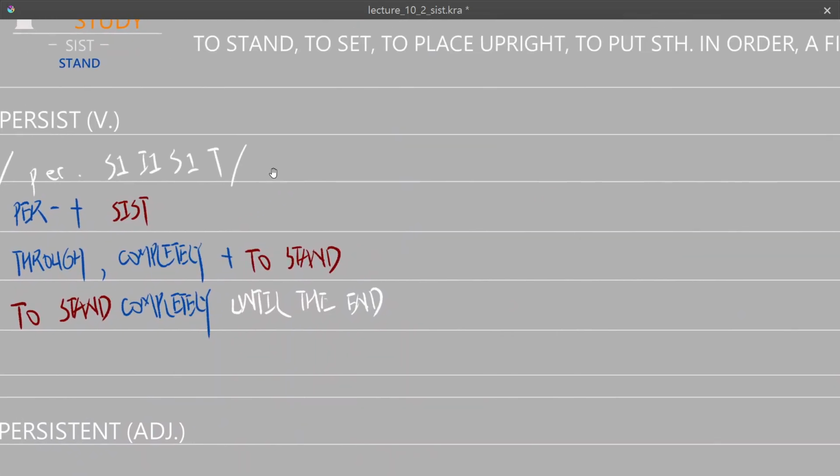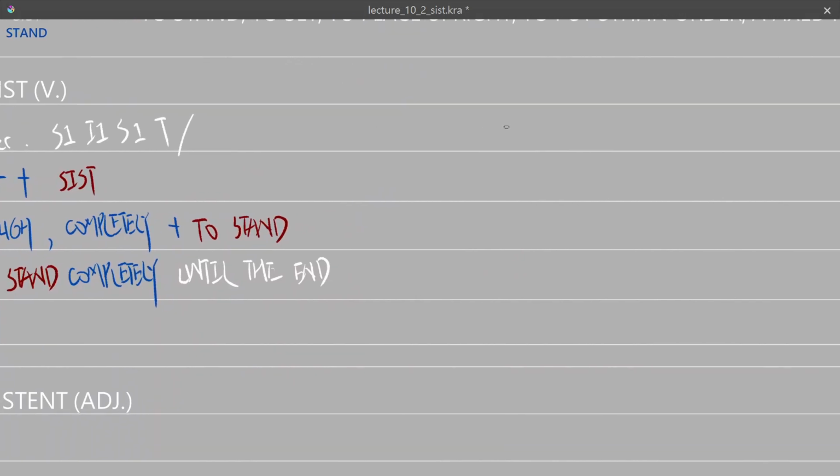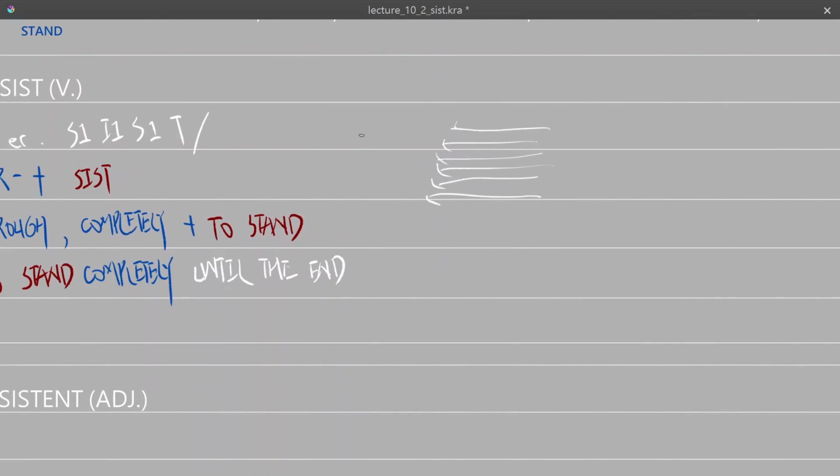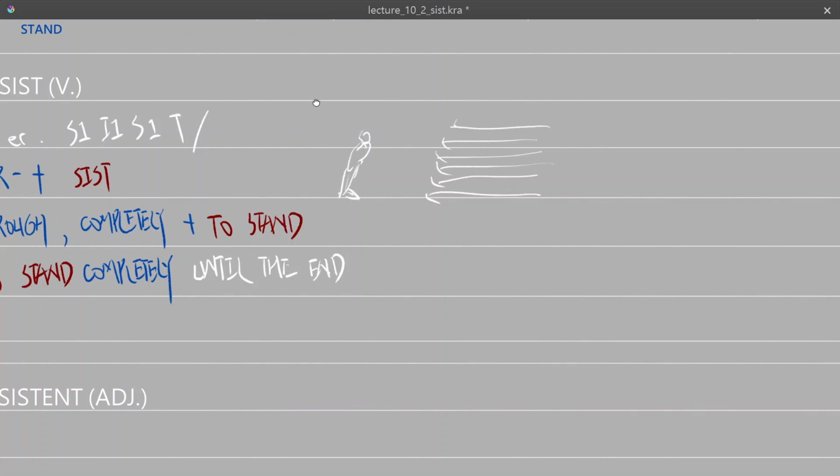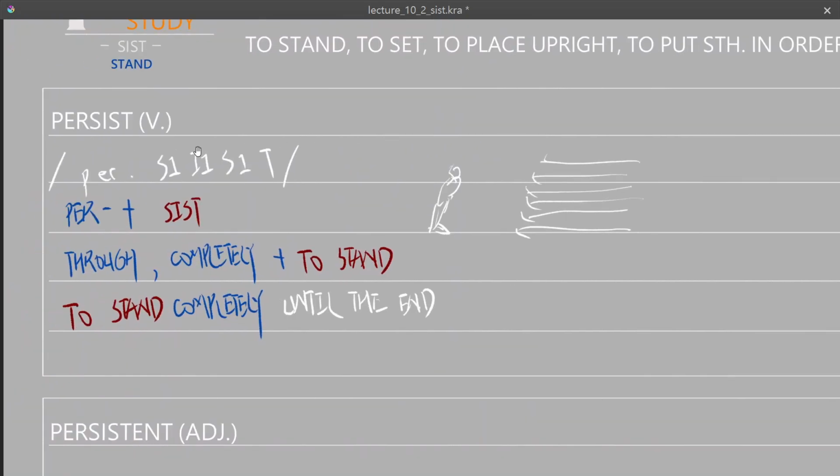So we could just imagine that we have a strong wind coming from this direction, and the guy is standing there to persist the wind.